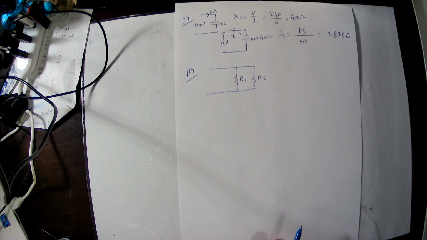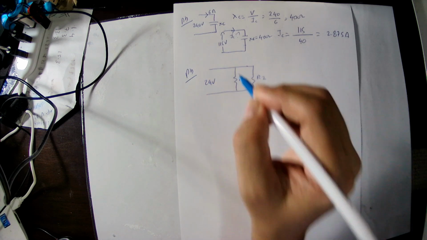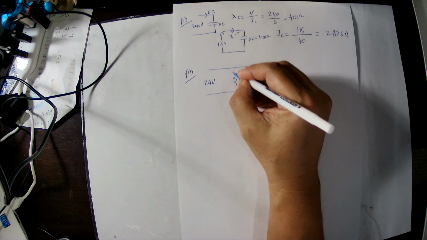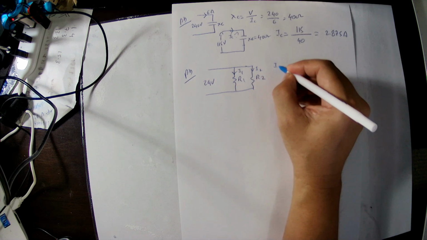Supply voltage is 24 volt. We have to find out the currents: I1 is 5 ampere, I2 is 7 ampere.